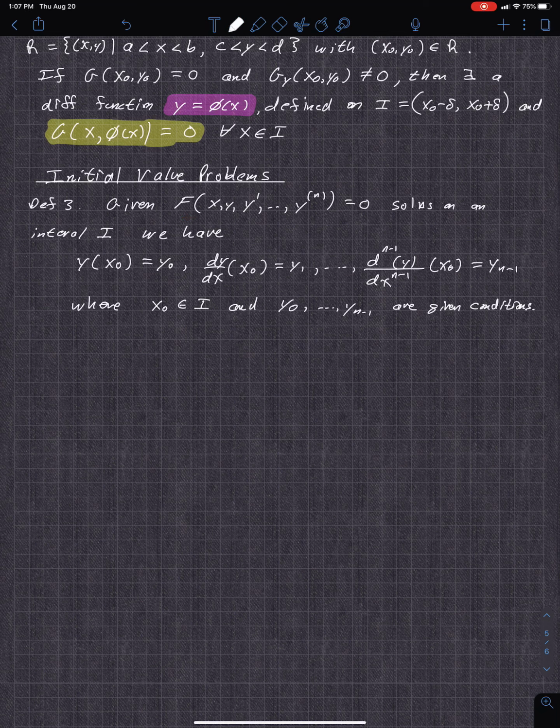The next theorem is theorem 1, and that's really what we'll be doing, and this is an existence and uniqueness of solutions theorem.